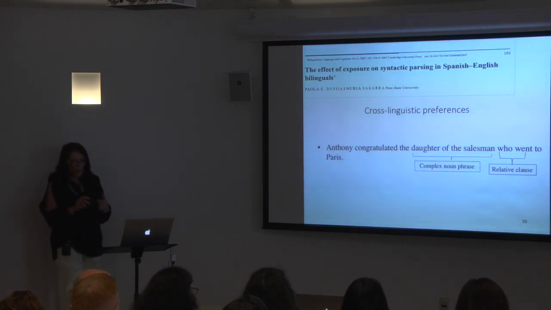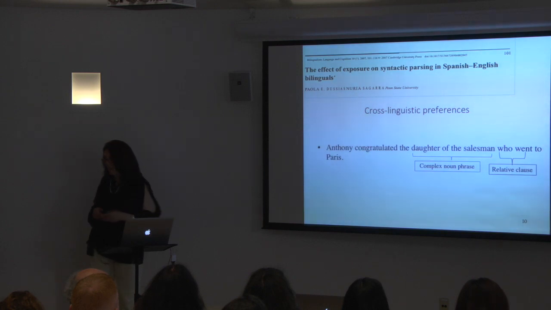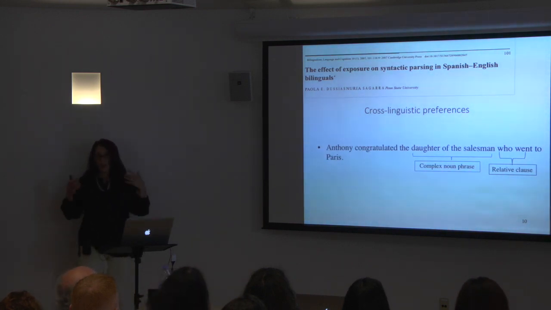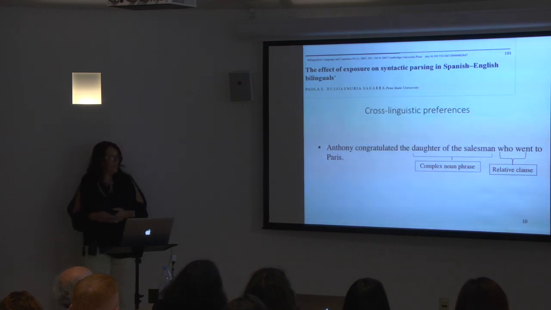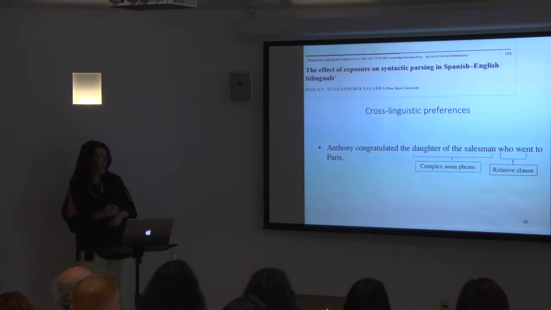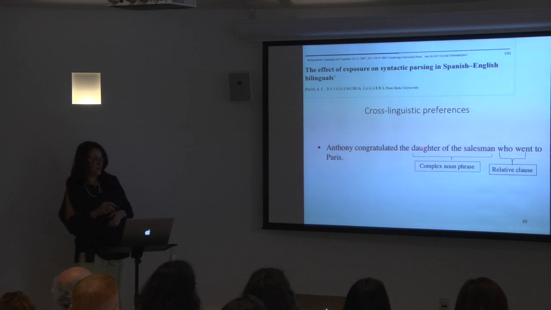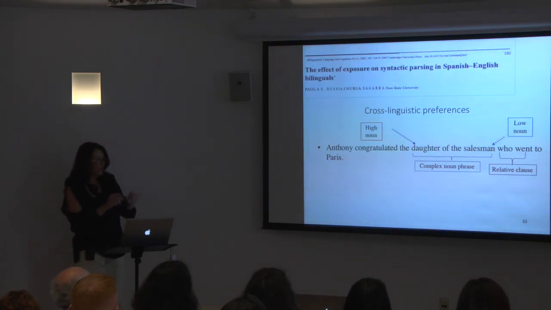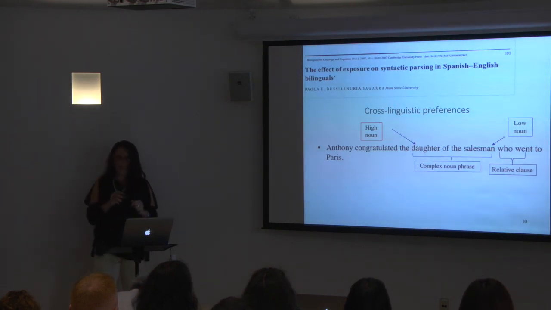And so if you ask native Spanish speakers the equivalent sentence in Spanish and you say, who went to Paris, most native Spanish speakers will say the daughter. Okay, so the first noun. And we're going to call this the high noun, high in the position because it's farther away from the relative clause. So that's the high noun, and the low noun is the noun that is closest to the relative clause.